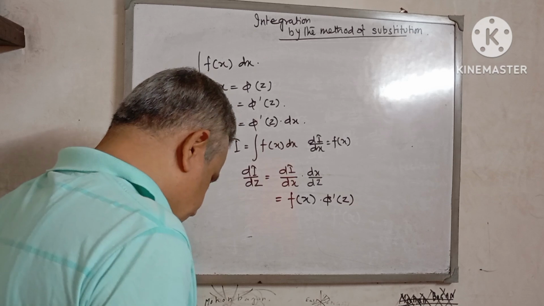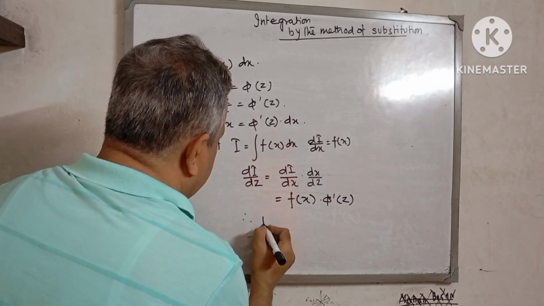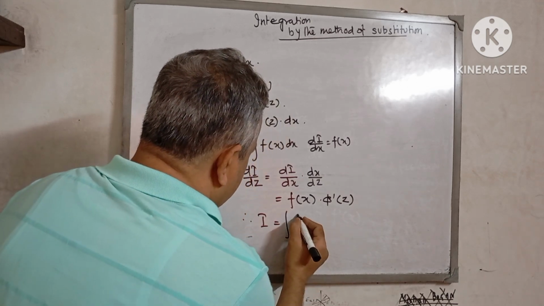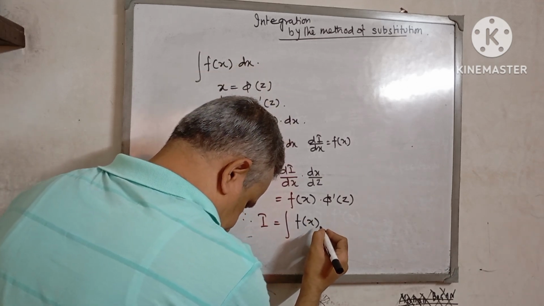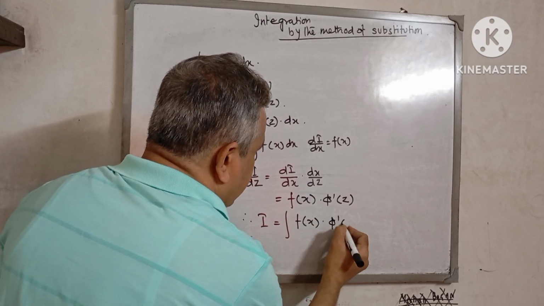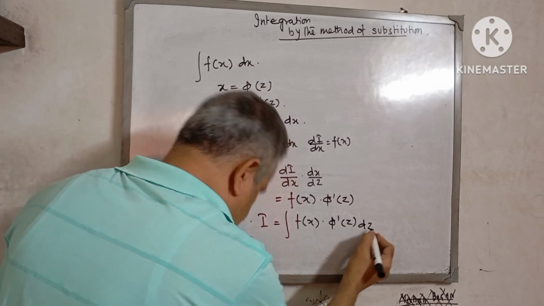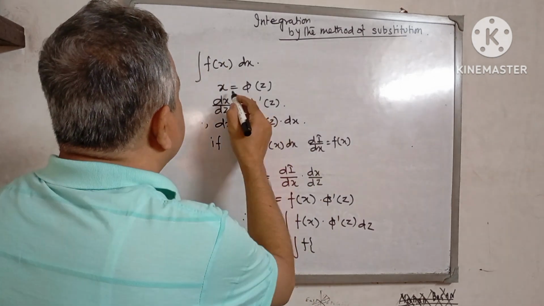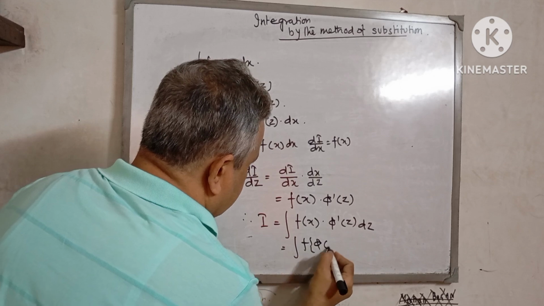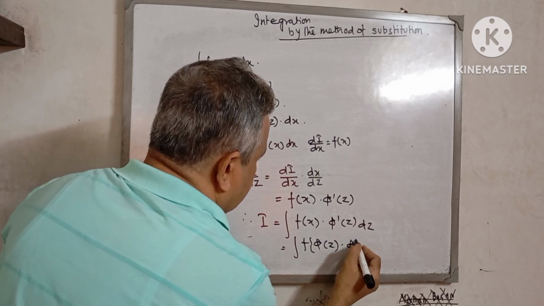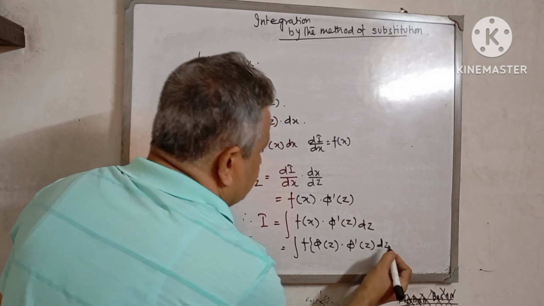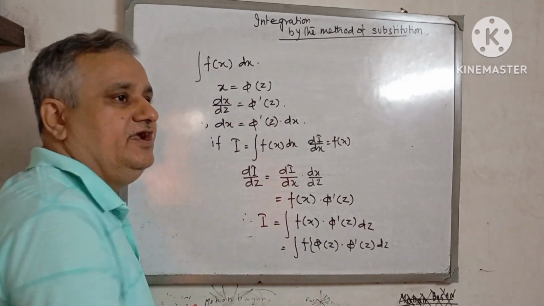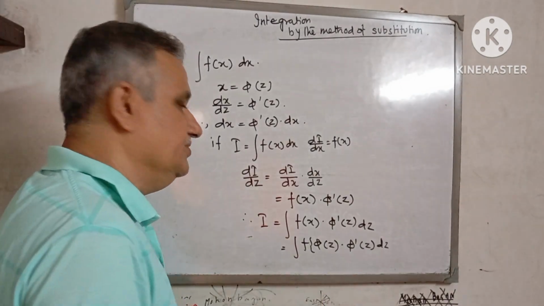Then from the definition, I is equal to the integral of f(x) into phi dash z dz, and this x can be replaced by phi(z). This is the process. We are taking this into a standard form. Now we can integrate it.